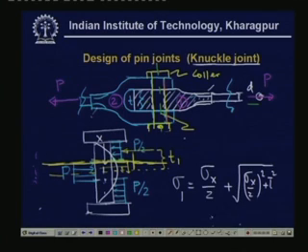This is the maximum principal stress, and this must be less than sigma allowable. So, this gives one expression from which the value of D could be found out.